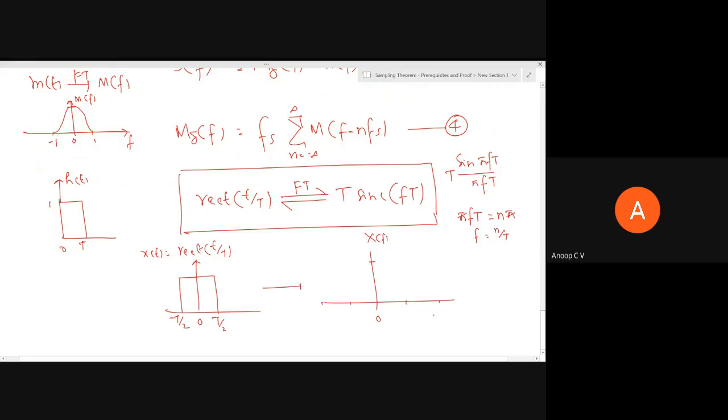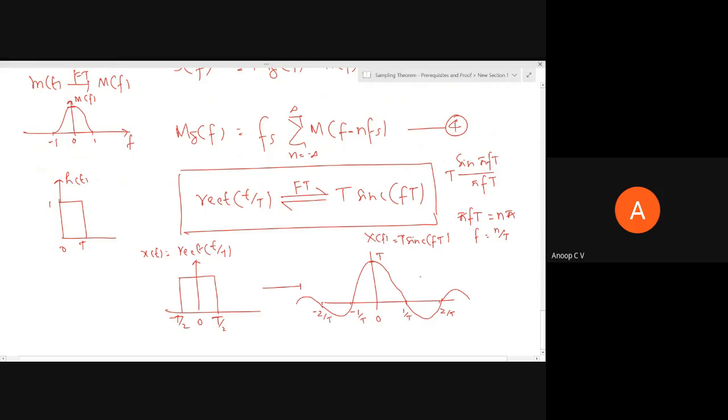So if x of t is rect of t by T, spanning from minus T by 2 to T by 2, our X of f will be T sinc of fT. T sinc of fT will have maximum value T at f equal to 0, and it will pass through zeros at 1 by T, 2 by T, and so on, on both the negative and positive frequency axis.